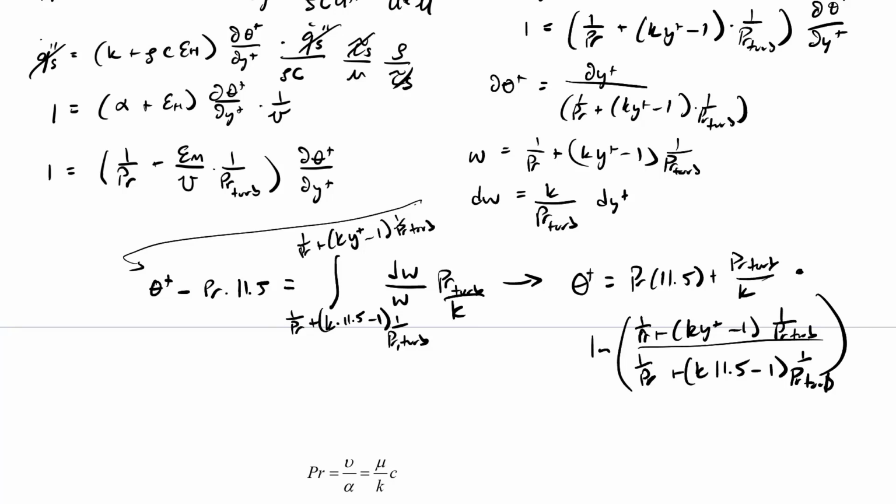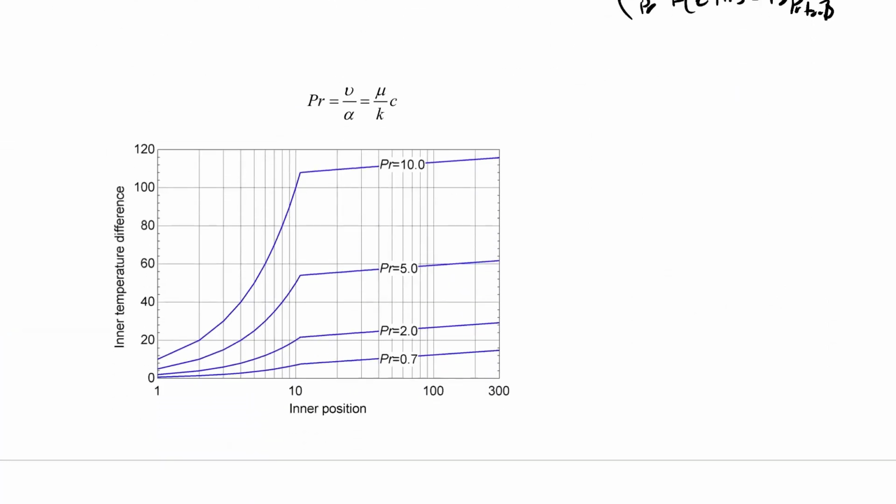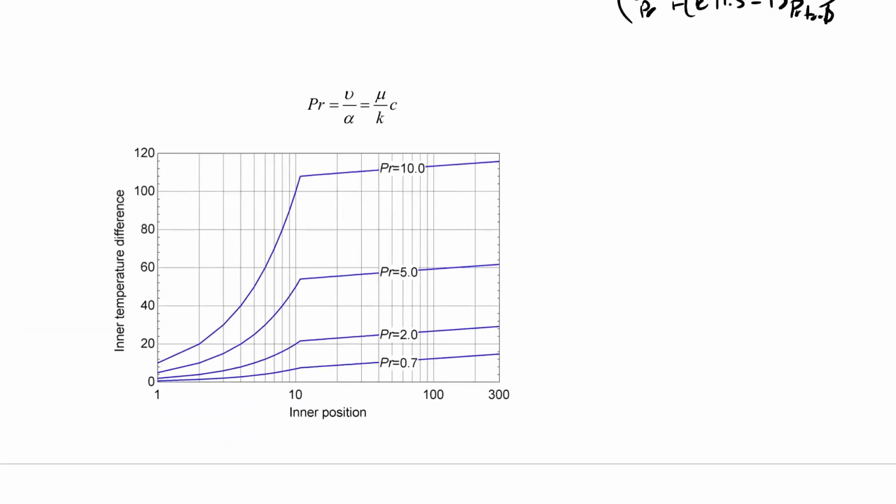So let's look at what that temperature profile is. Here, on a log-log plot, we're looking at inner position, y plus, and inner temperature, theta plus. What you'll notice right away is that this is now in terms of the molecular Prandtl number.